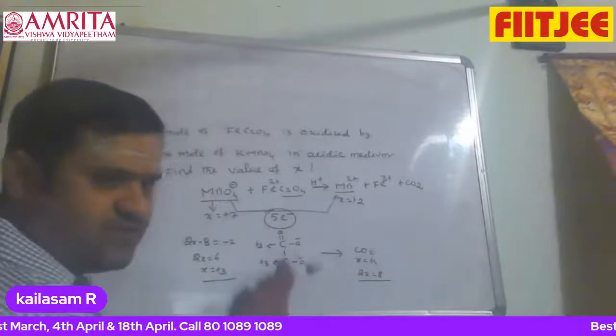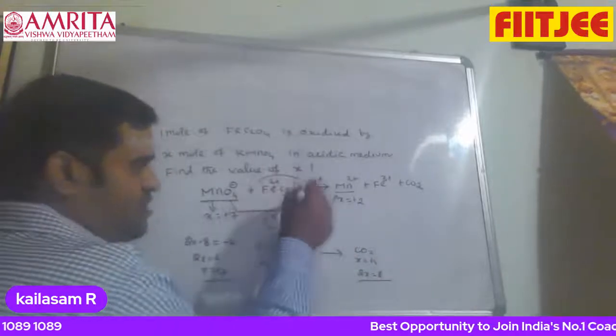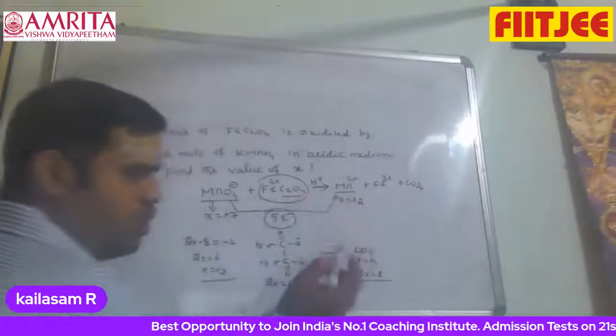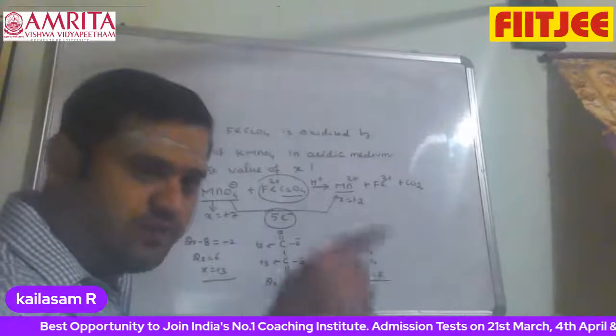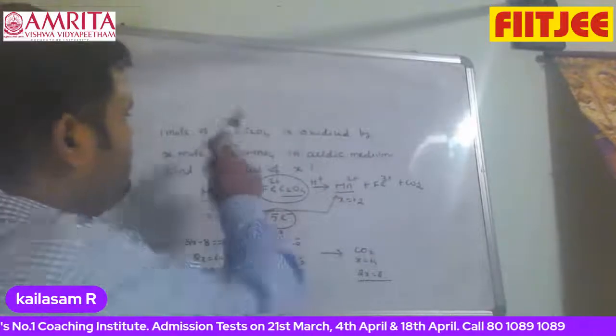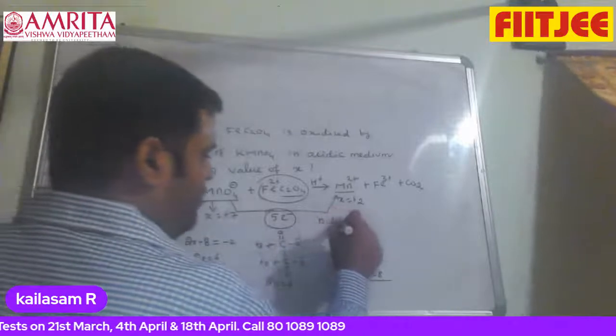Therefore, the n factor of C2O4 2 minus becoming CO2 is 2. At the same time, in ferrous oxalate, Fe2 plus becomes Fe3 plus and C2O4 2 minus becomes CO2. So the total number of electrons lost per mole of FeC2O4 is 3, which is the n factor. Now, come to the point. As per this, I can write the n factor of KMnO4.